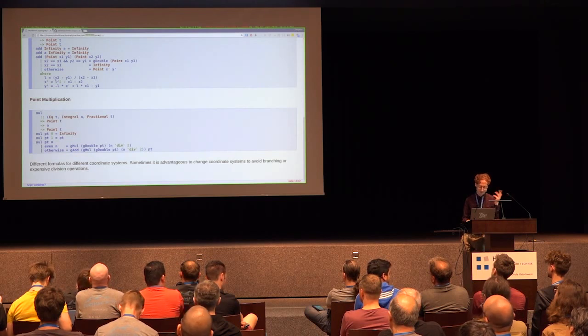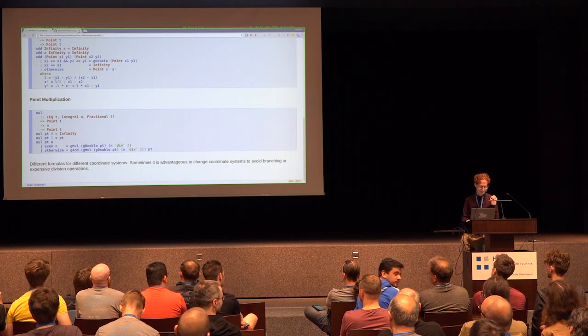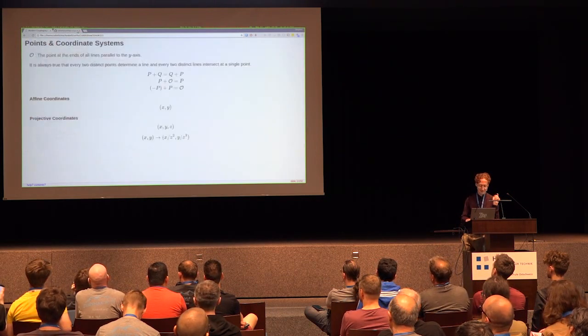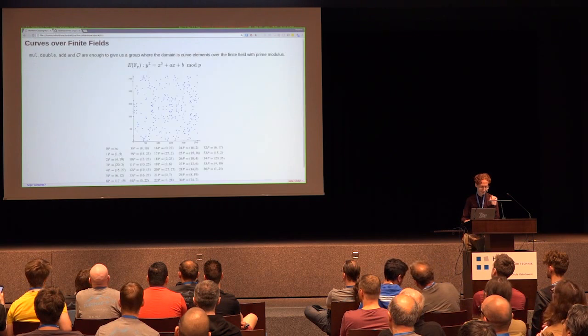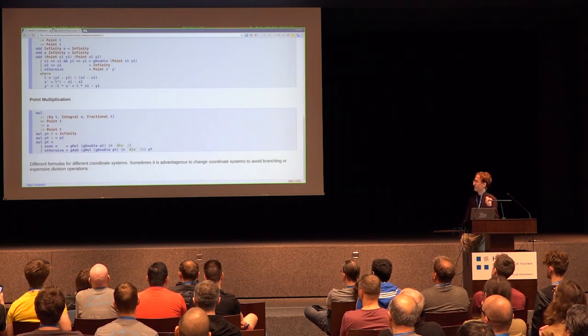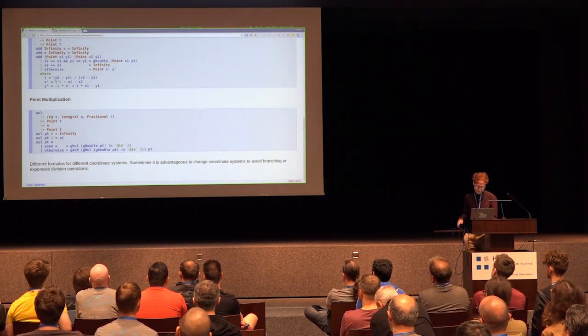If it's 0, we get the point at infinity back. If it's 1, we get the point back. And if it's even or odd, we go to one of these branches in the code. So it turns out this is exactly the same as the group exponentiation operation I mentioned right here. And this is an operation that's very, very easy to do in one direction, but very, very hard to reverse.